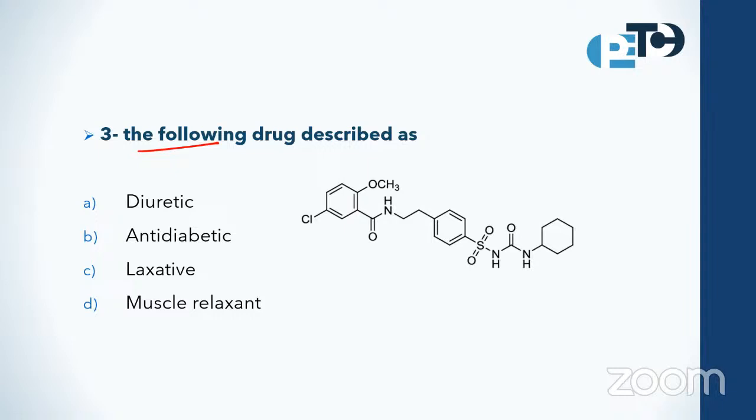The very important group appearing here is this one. What is this one? Here we have two groups. S double bond O, N, we call it sulfonamide.